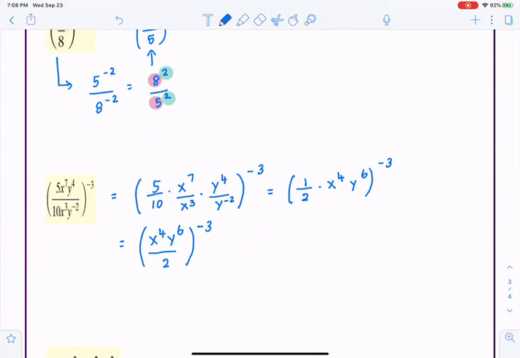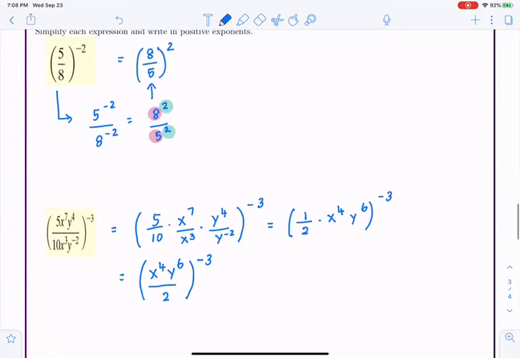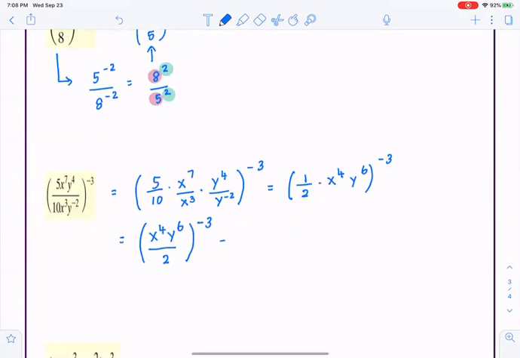I'm going to use the same logic that I used in the previous problem. 5 over 8 raised negative 2 is 8 over 5 raised positive 2. So x raised 4, y raised 6 over 2 raised negative 3 is the same as 2 over x raised 4, y raised 6 raised positive 3.